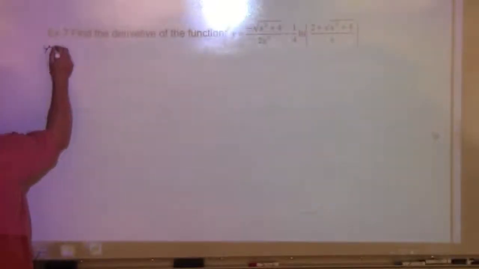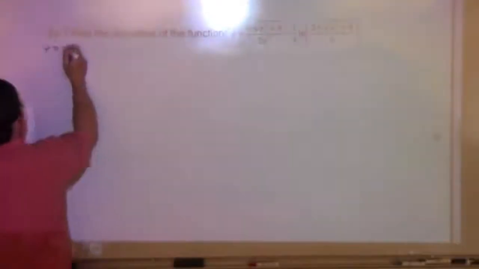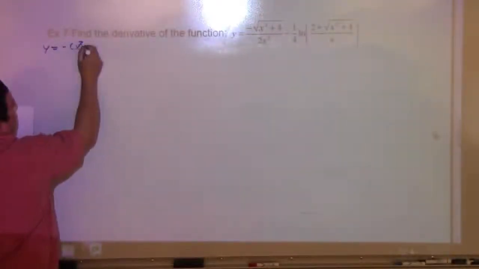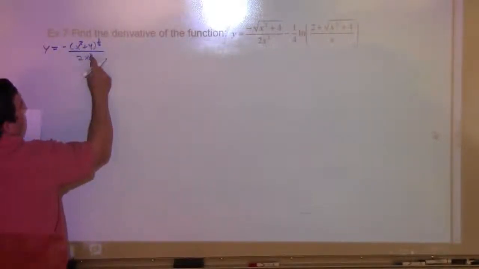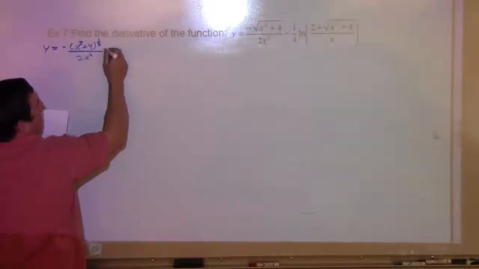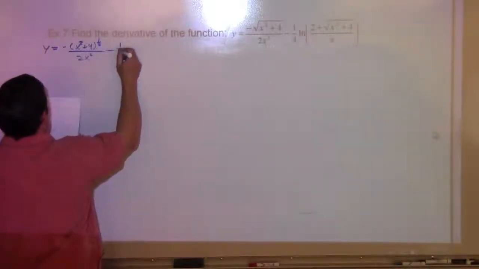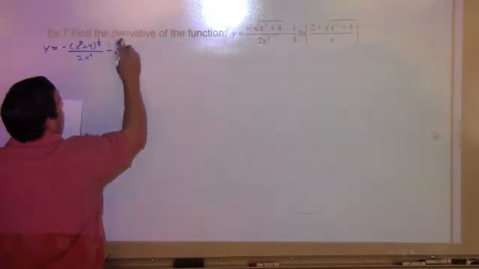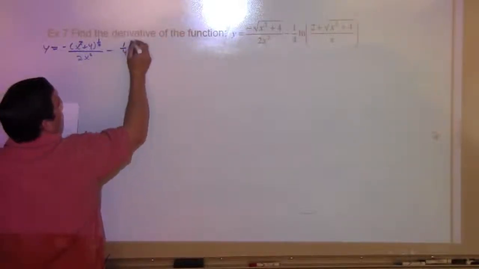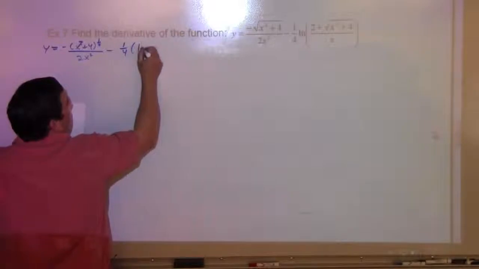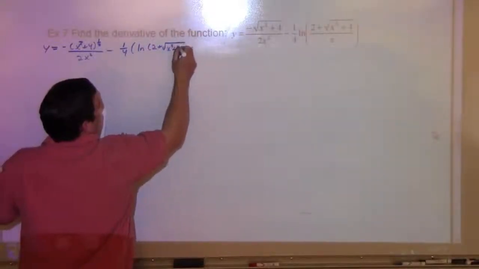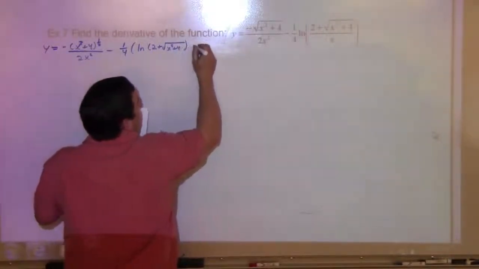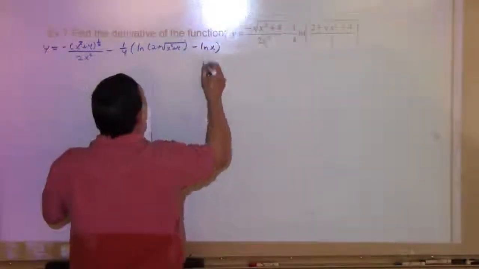So y could be written as negative of x squared plus 4 to the 1/2 over 2x squared. So we're going to have a quotient rule here, minus 1/4 of natural log of 2 plus the square root of x squared plus 4 minus natural log of x.